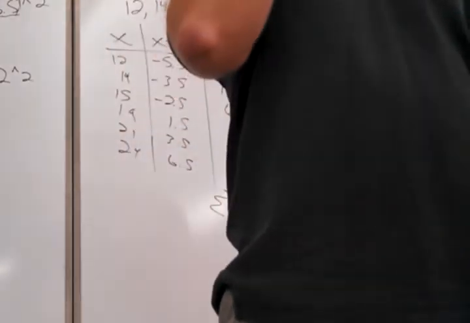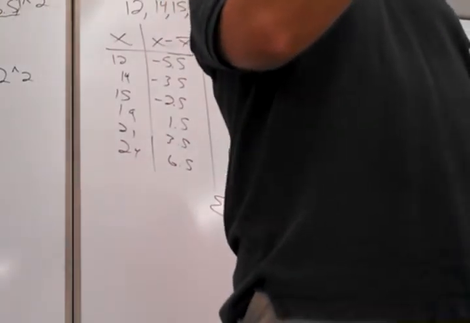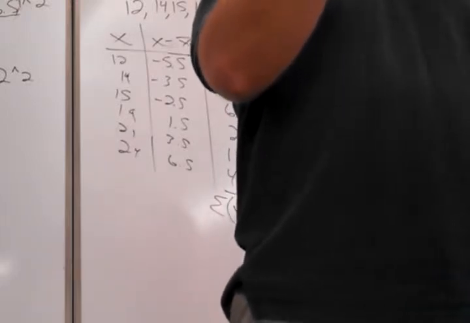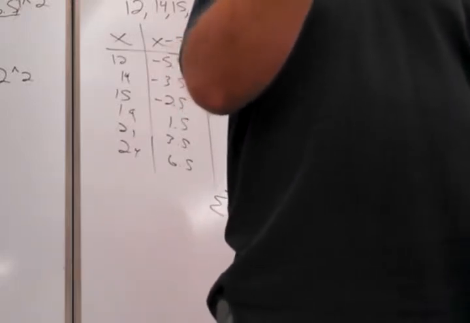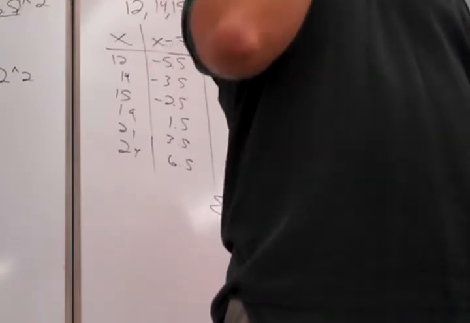What's the difference between mean and median? Mean is average, median is middle. So which one would be affected by an extreme value? The mean would be affected because the mean sums up all the values and then divides by how many there are.